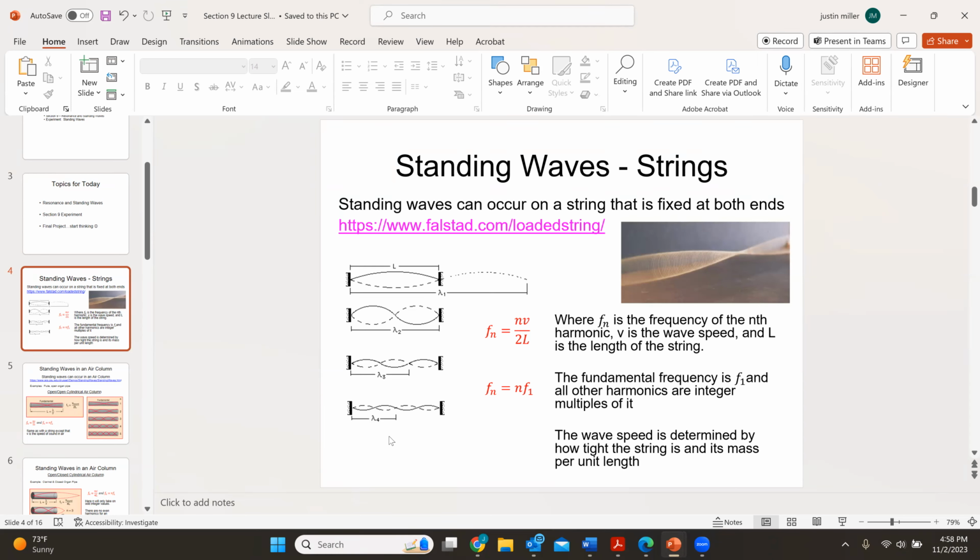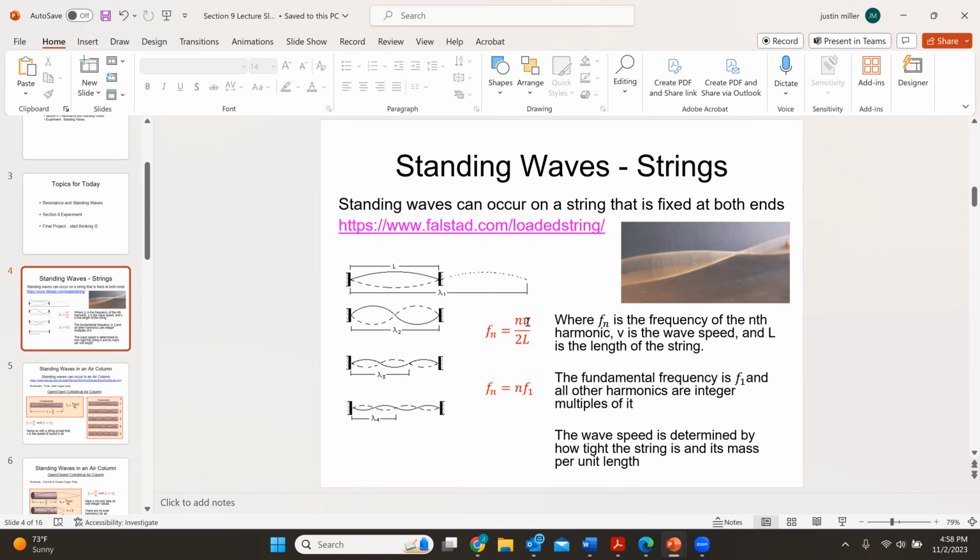What we'd find if we went through the physics and some math with this is that there are certain frequencies that correlate with these particular standing waves, under the restriction of a particular wave speed and a particular length of string.